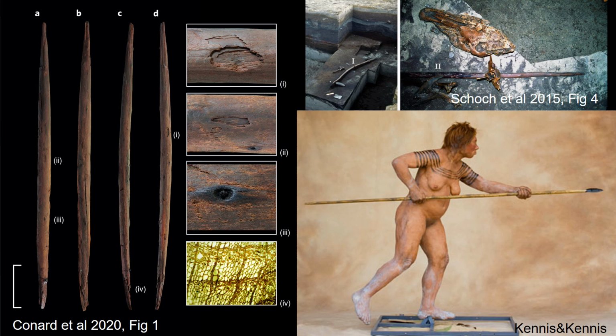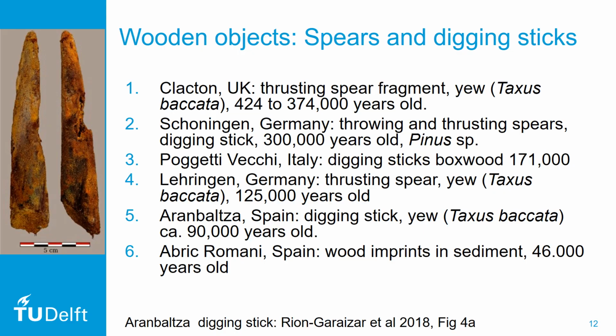Both were found at Schöningen, which is a very rich site in Germany, and it is a waterlogged site, and that explains why we have these beautiful wooden objects preserved. Currently there are 9 spears, 1 lance, a double-pointed stick, a burnt stick, and a digging stick. And this material dates back to 300,000 years ago.